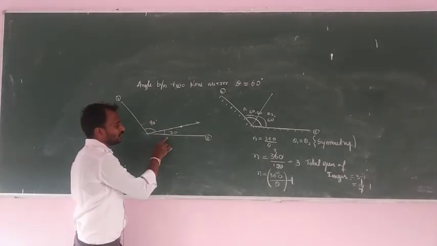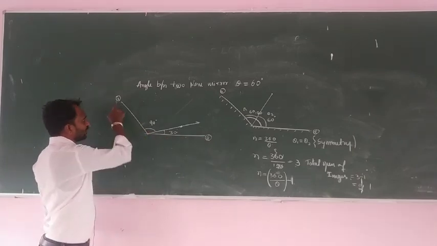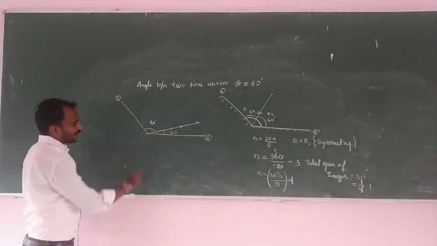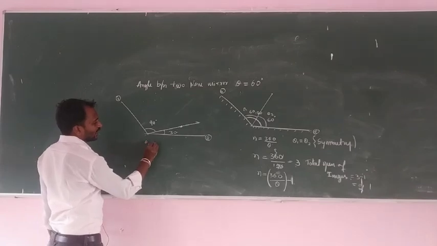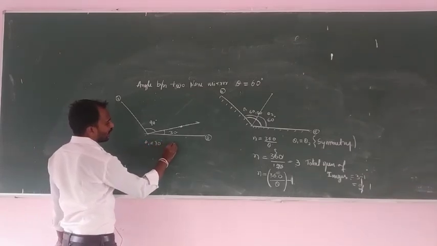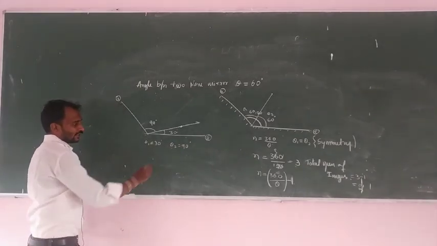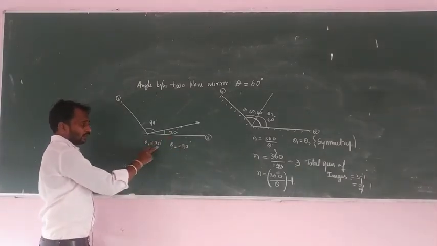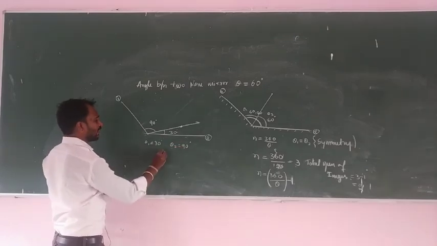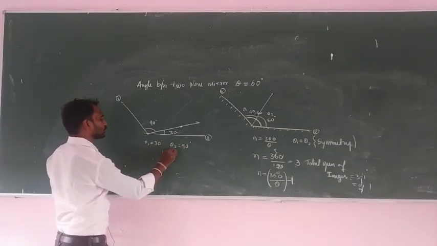So theta 1 is 30 degrees and theta 2 is 90 degrees. The total angle is 30 plus 90, which is 120.